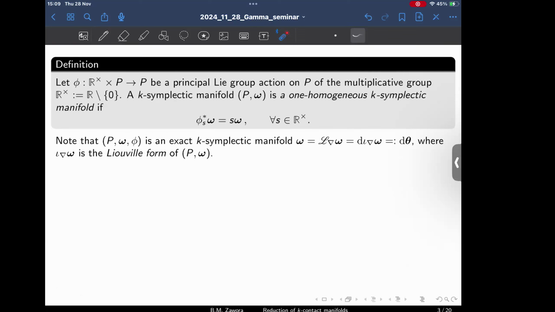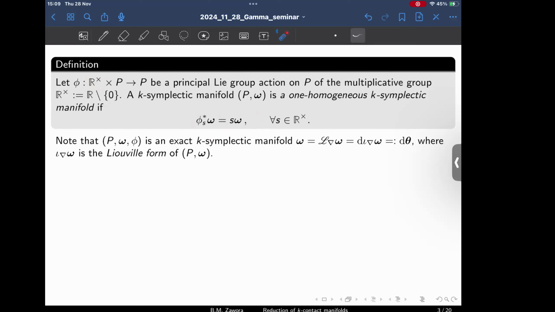So first of all, R^×, just the reals without 0, and phi is a principal Lie group action on P. Then a K-symplectic manifold (P, omega) is a one-homogeneous K-symplectic manifold if we have this for every element s in the group R^×. This is the multiplicative group.